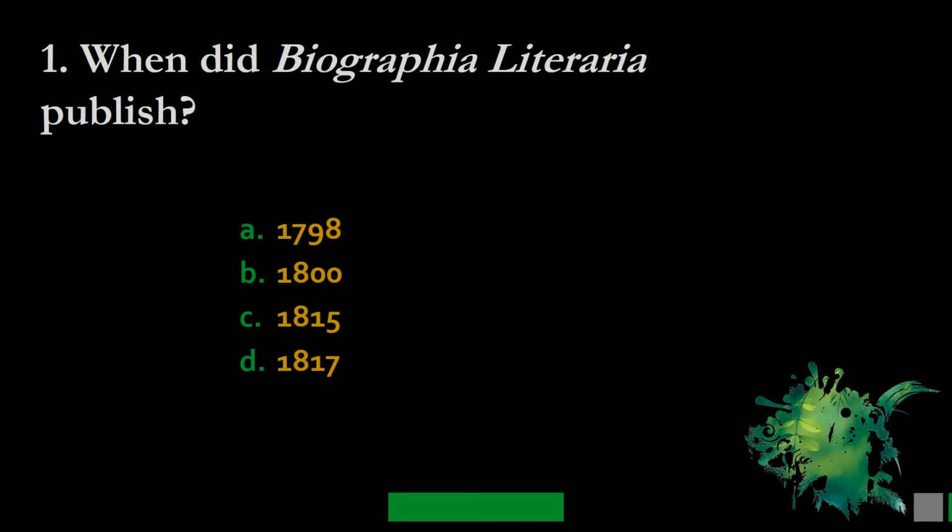When was Biographia Literaria published? Options are A 1798, B 1800, C 1815 and D 1817. Please note down the correct option, and the correct option is D 1817.